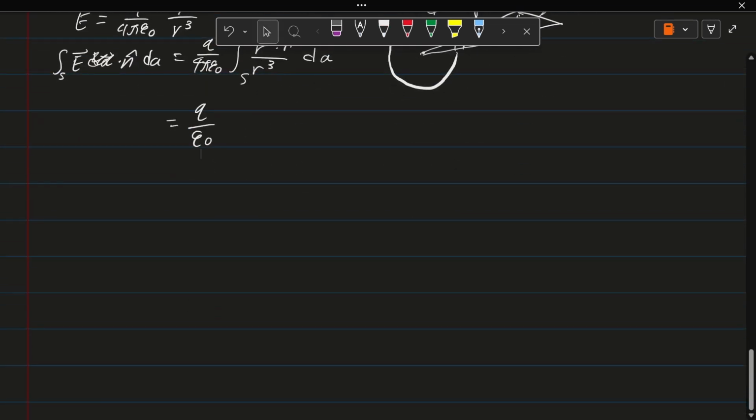And you could make this into a much more general form for q to be a charge distribution. So instead, you could just write this down as the integral of E vector dot n hat dA is just the q enclosed over epsilon 0. We don't care what the distribution is.